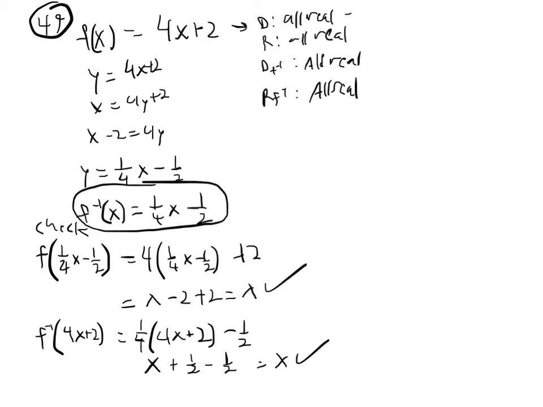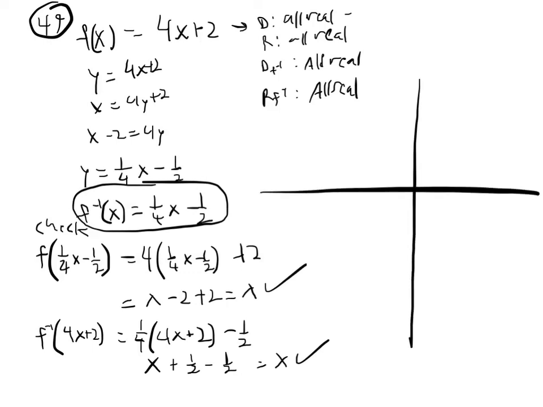Alright, and lastly we want to graph this. First they ask us to graph y equals x. So I'm going to put 4, 5, 6. I'll do a few more.